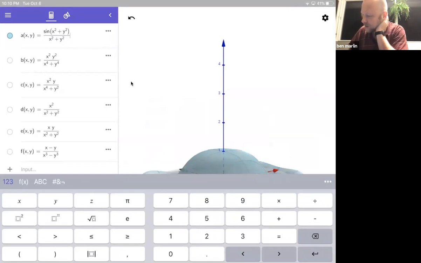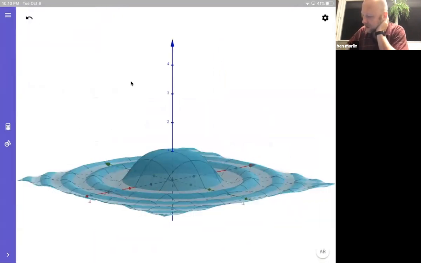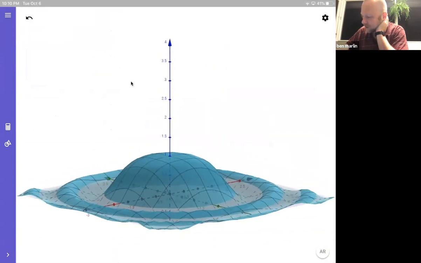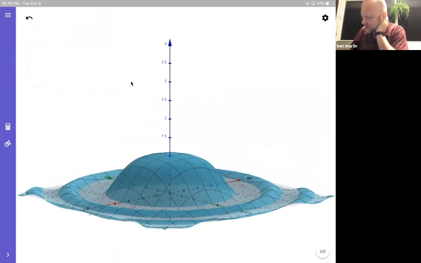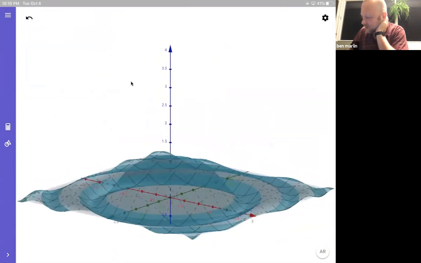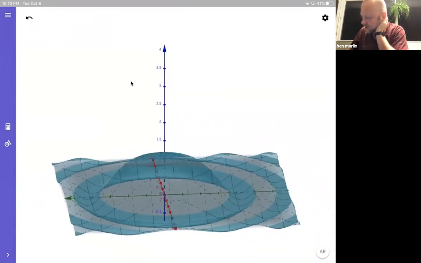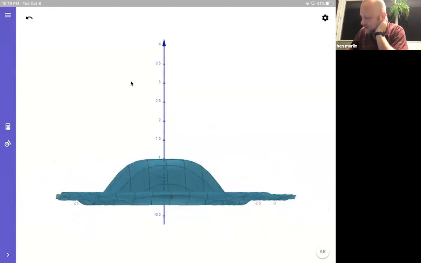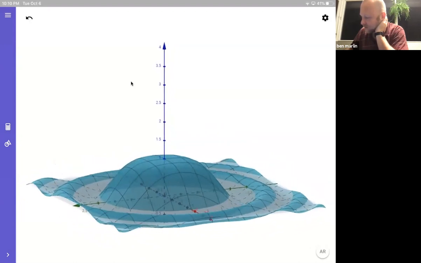All right, so here is my graph, and as I zoom in, you can kind of see what's going on. I'll turn it over so that you can look. The gray plane that's showing there is the plane z equals 0.